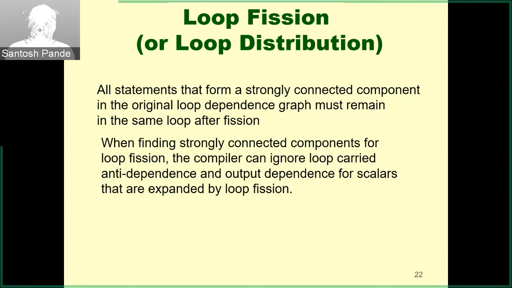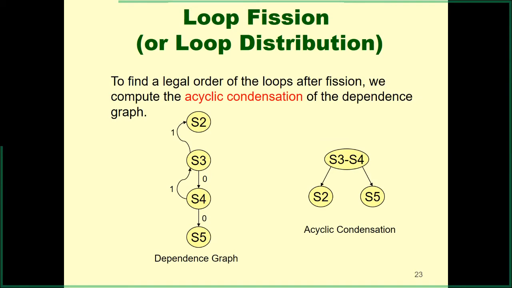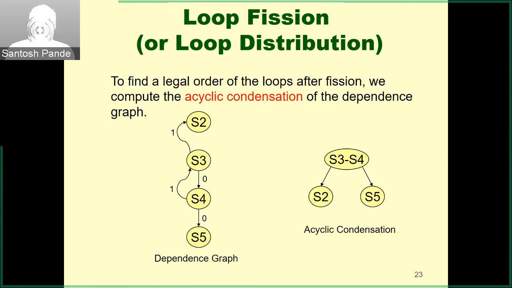So again, it is not possible to cut across the cycles, dependent cycles within the loop, but it is a good idea to cut around them because that will not hurt the dependencies. Okay, so same thing is explained here.